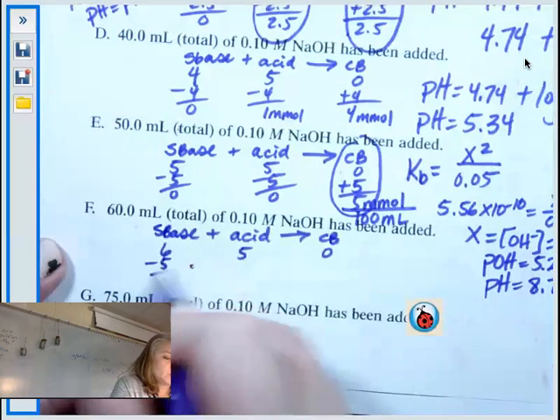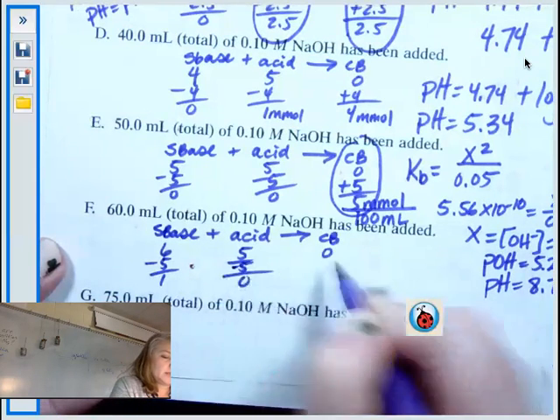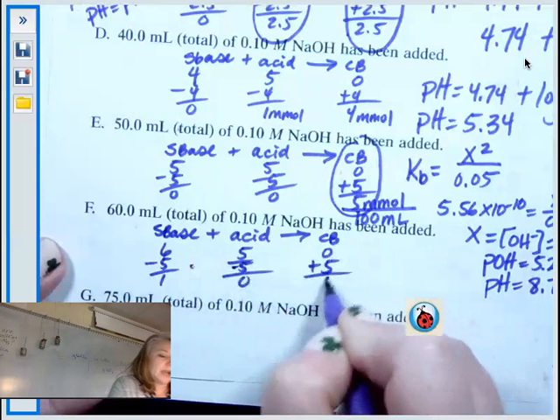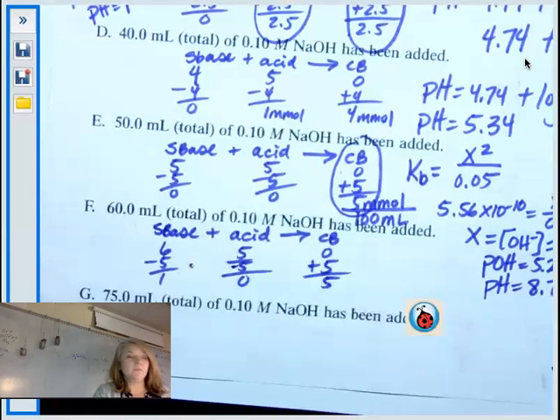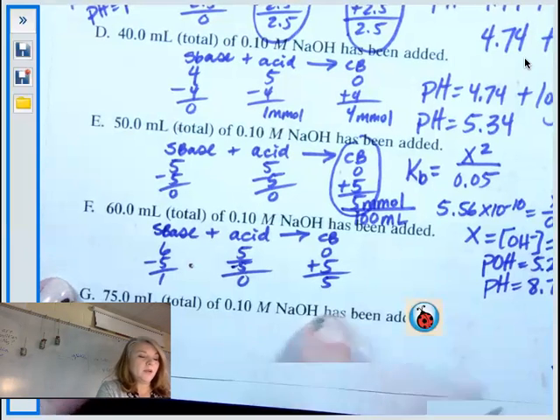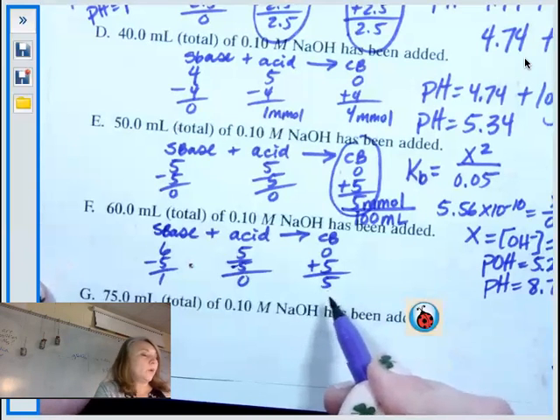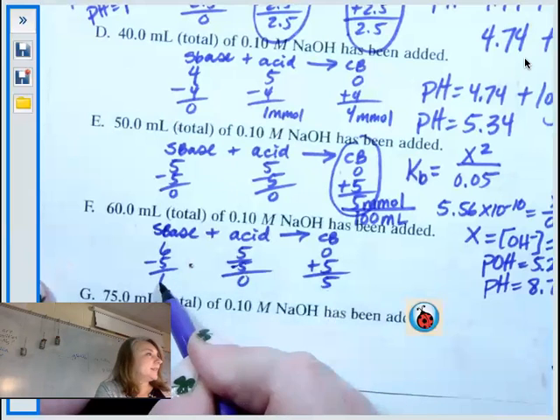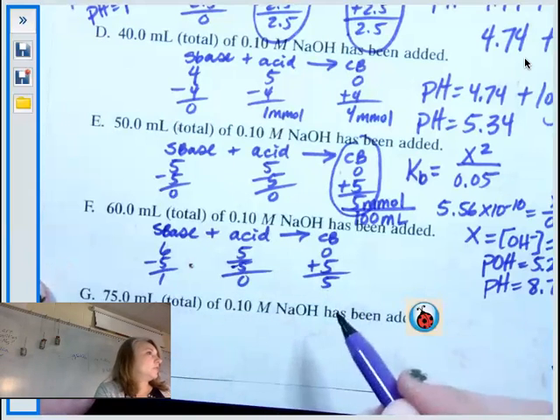Minus 5 would give us 1, minus 5 would give us 0, plus 5 would give us 5. But we've got a situation where somebody's going to win this battle. We have a strong base and we have a conjugate base. Who's stronger? The strong base is stronger. So even though we have 5 millimoles of that conjugate base, it is so much weaker than the strong base that we're titrating with that it will not affect the pH.